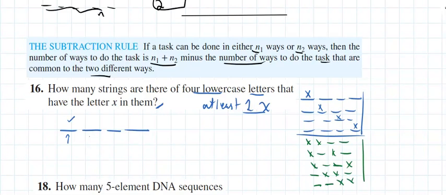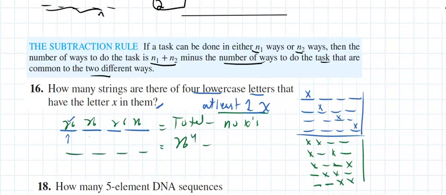Or 3 or 4. Well, instead of doing that, we could say if at least one x, that is the total minus no x's. And the reason that's easy, the total will be, well, what are the total possible choices? 26 letters each. So that's 26 to the 4th minus, how many ways can you have no x's?